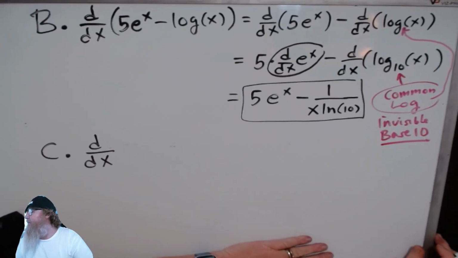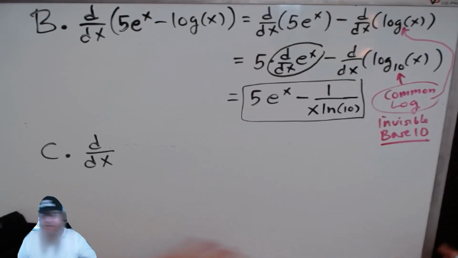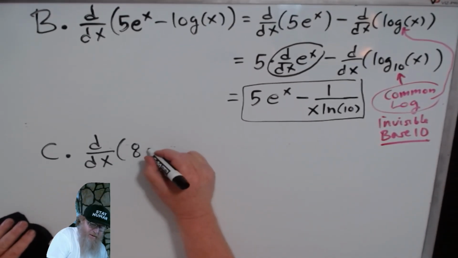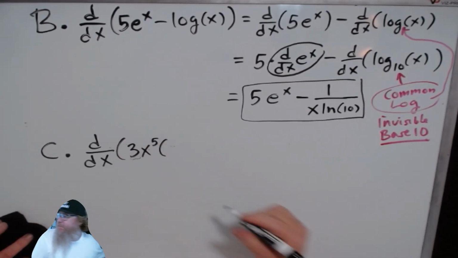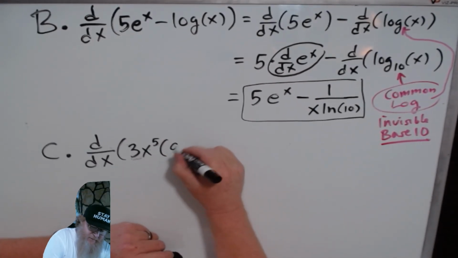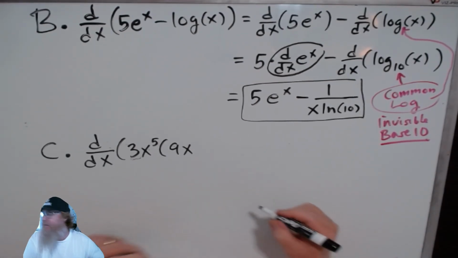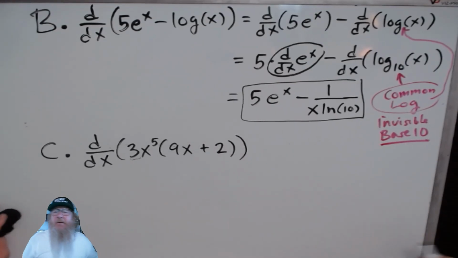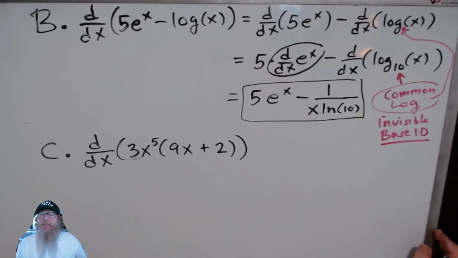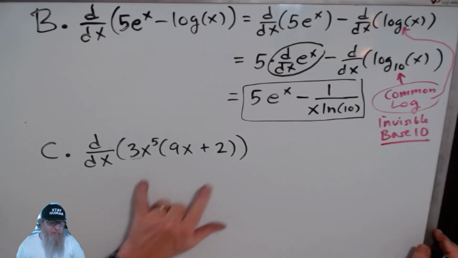Derivative of 3x to the fifth times 9x plus 2. Well, we don't have a rule for this yet.